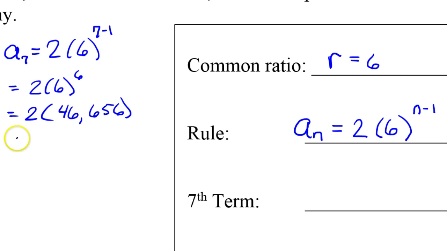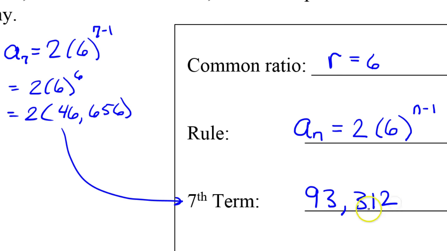So it's just a matter of doing 2 times 46,656. So just take your 4-function calculator and do that. That's what I'm doing right now. And I'm getting 93,312.